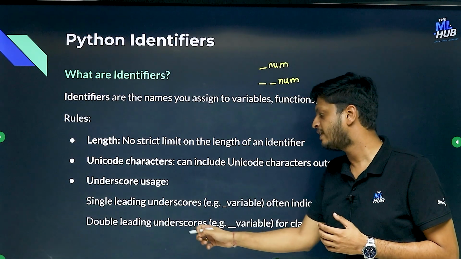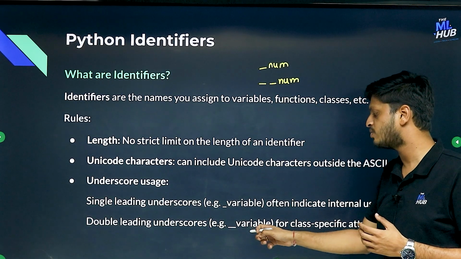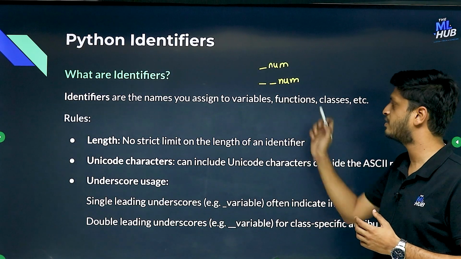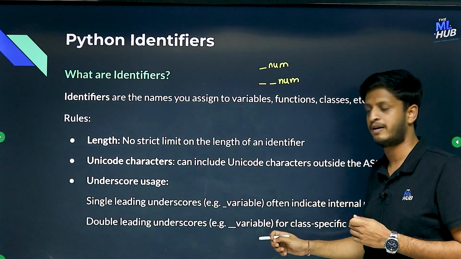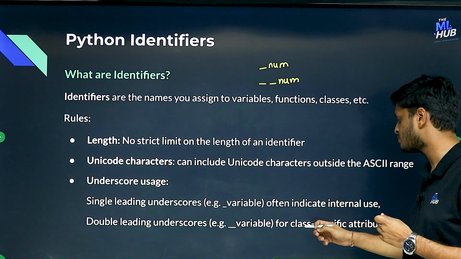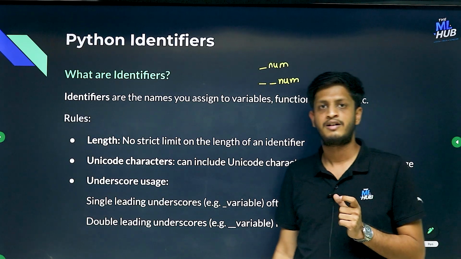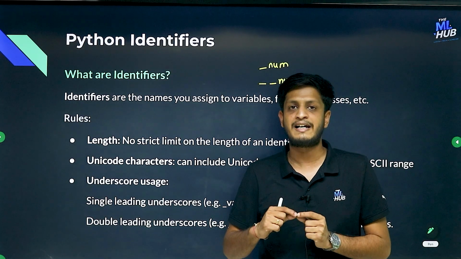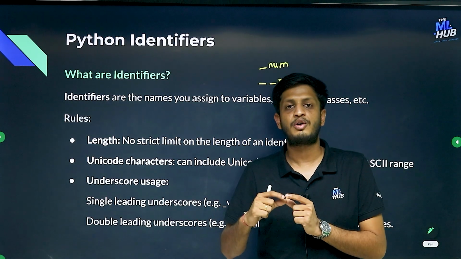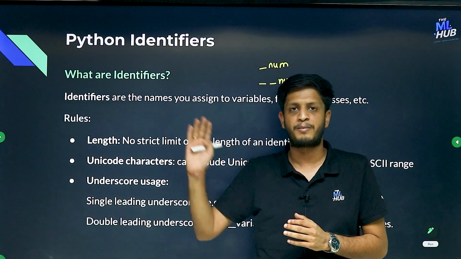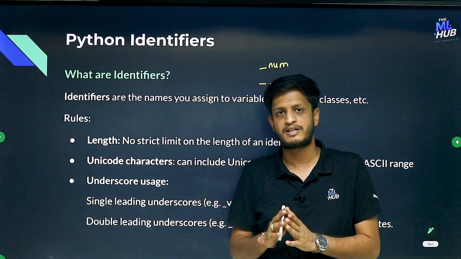And similarly, double leading underscore, if you have two underscores before a variable name like this, __num or __variable, then they are used for class specific attributes. They are used for variables which are tightly tied to a class. We will see this in object-oriented programming. Right now you won't be able to understand that.